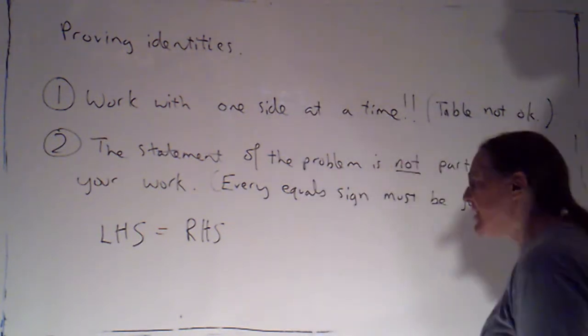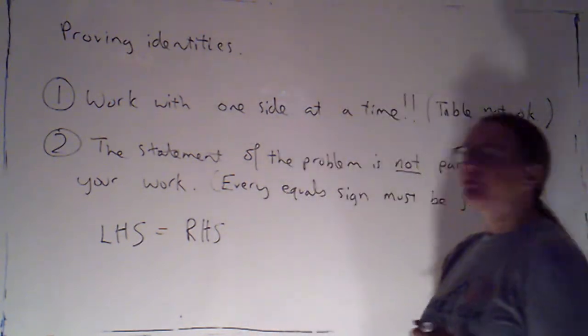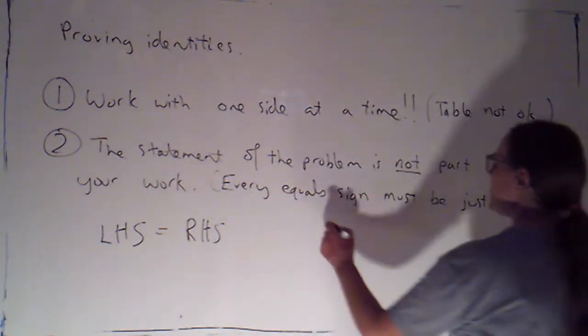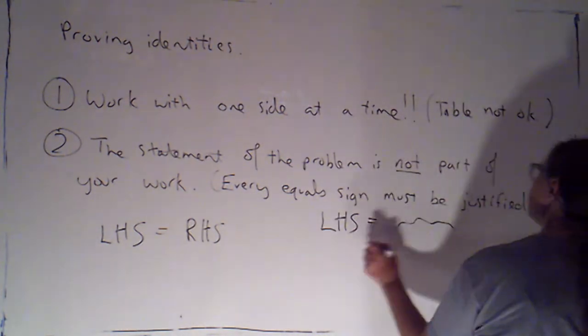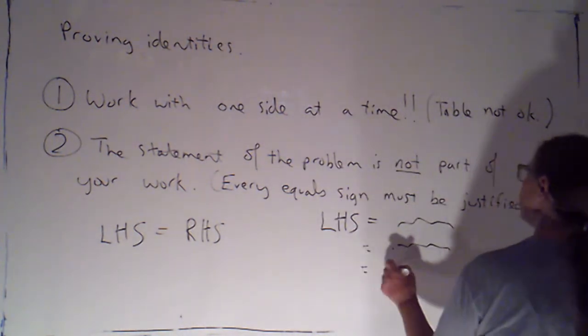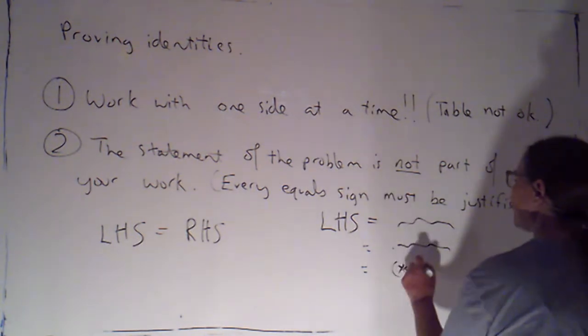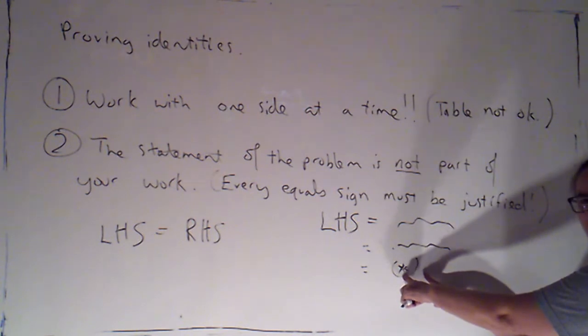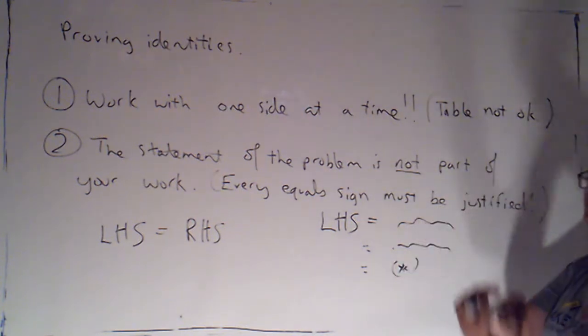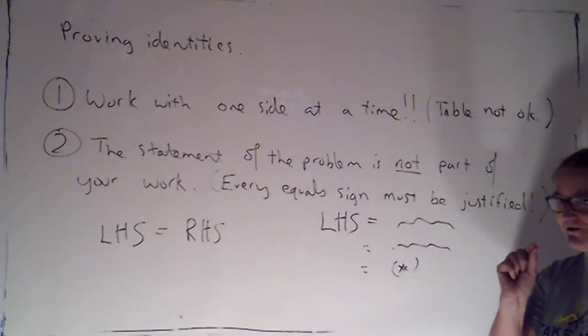Okay. The other is what I call the 3-paragraph method, where you can start with the left-hand side and say it's equal to this, which is equal to this, which is equal to this, and you simplify it as far as you can get, and then say, I don't know where to go from here, so I'm going to stop. And then you switch, new paragraph.